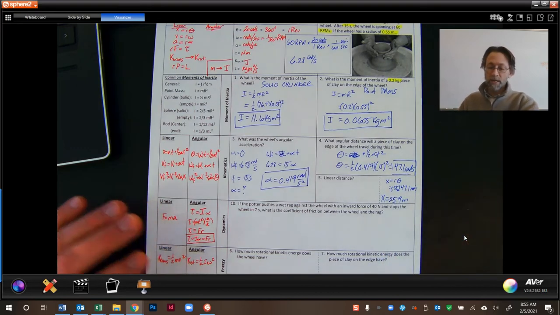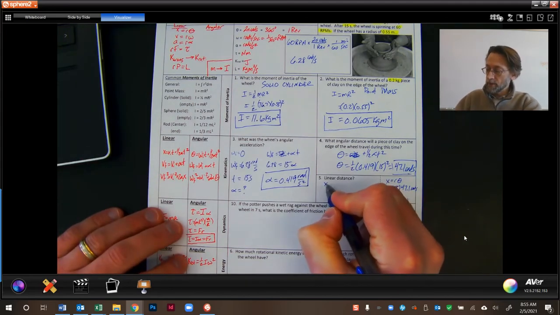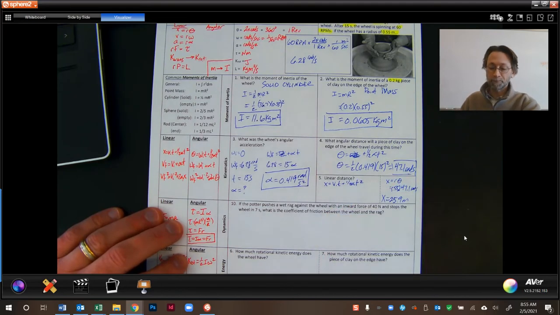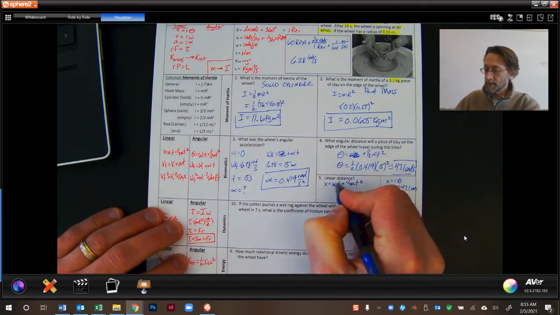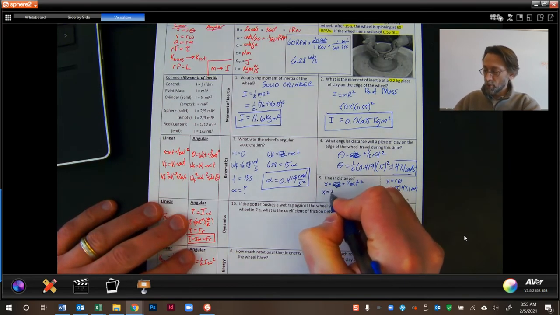and I would have a linear distance of 25.9 meters. Now, another thing that we could do is we could take and put this linear distance into the equation, x equals v_i t plus 1/2 a t squared, right? And again, we can say the initial linear velocity is 0. I'm looking for this x value, 1/2.